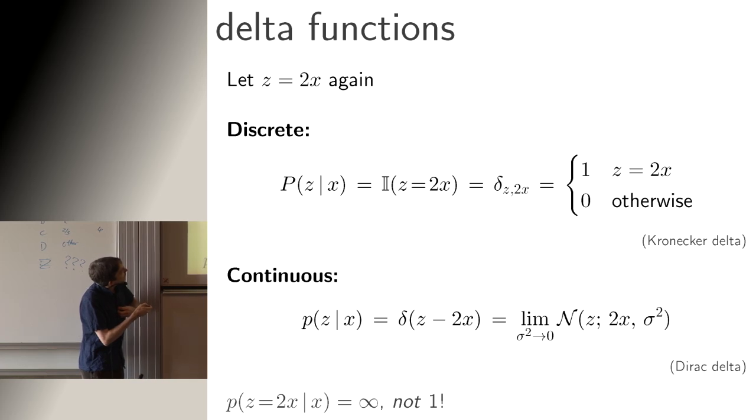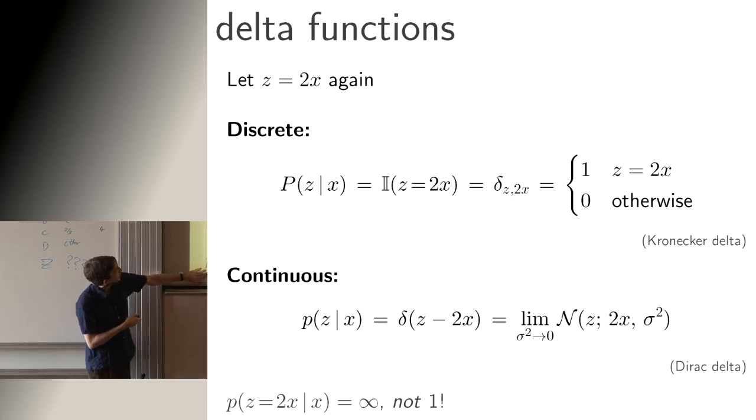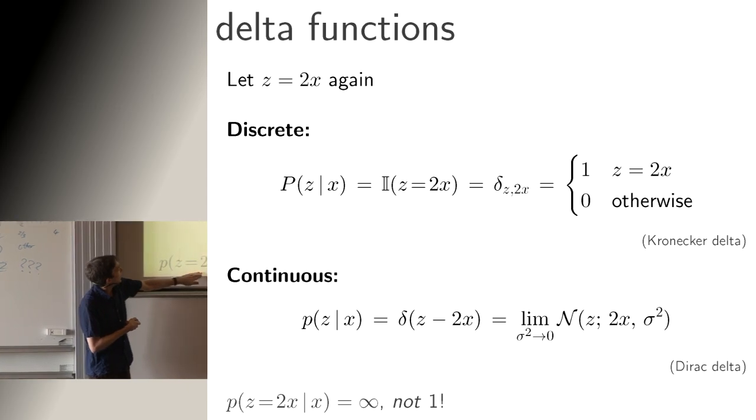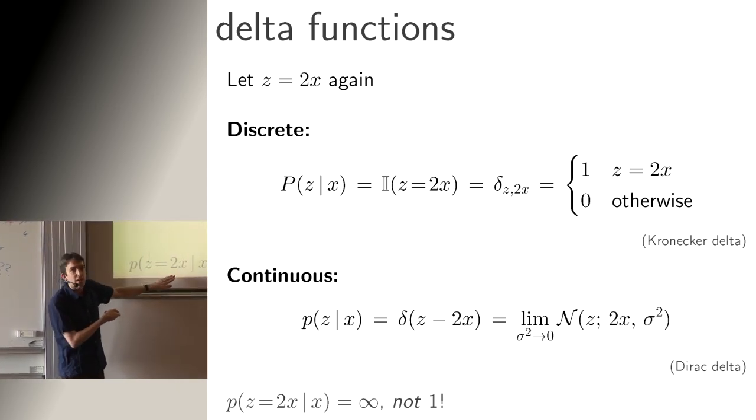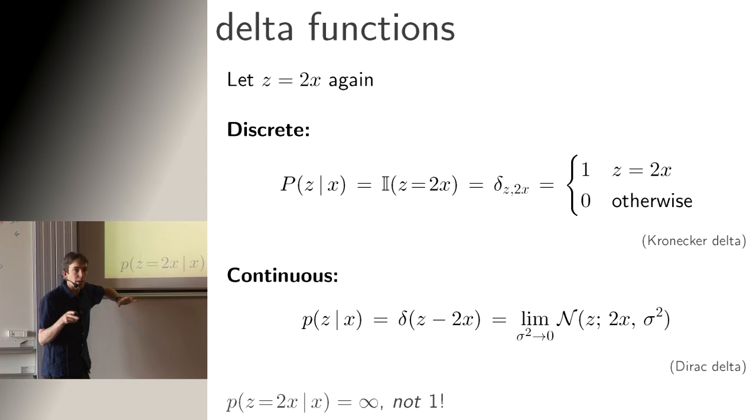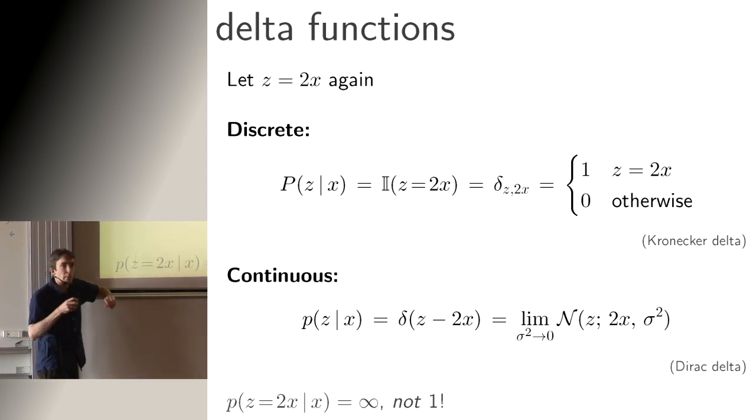And this Dirac delta is not the same as the Kronecker delta. So in particular, if I evaluate the probability density that z is equal to 2x, then that density is not 1, it's infinity. Normally with any probability density, as was pointed out, the probability of any individual number is 0.